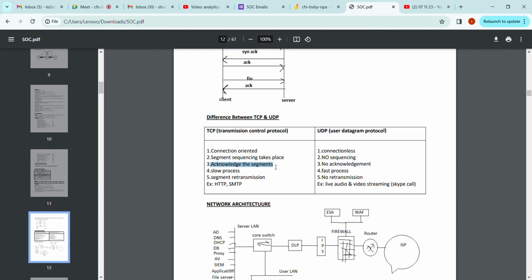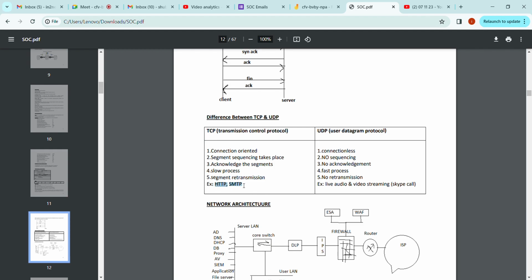If the packet consists of 10 units, then once the recipient receives it, it will acknowledge that it has received 10 units. It is slow because it gives defined and error-free transmission of the data. And the segment retransmits in case certain packets have not been received by the end user, it will retransmit.